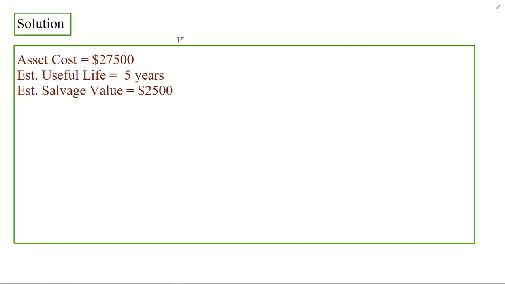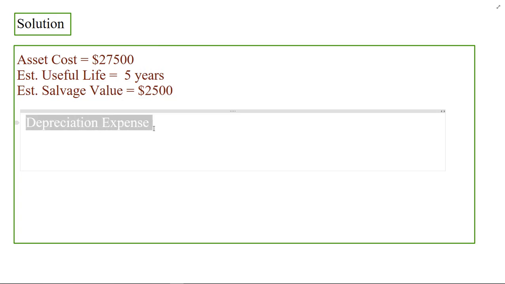Students, as mentioned in the question, the asset cost is 27,500. The estimated useful life of the asset is 5 years. The estimated salvage value of the asset is 2,500. Now we are going to solve for the depreciation expense. First of all, let's write the formula.